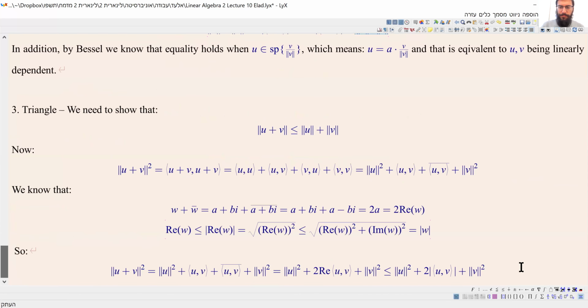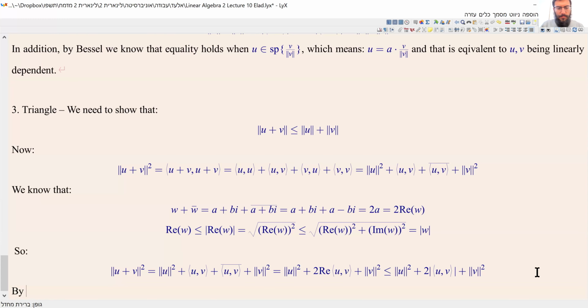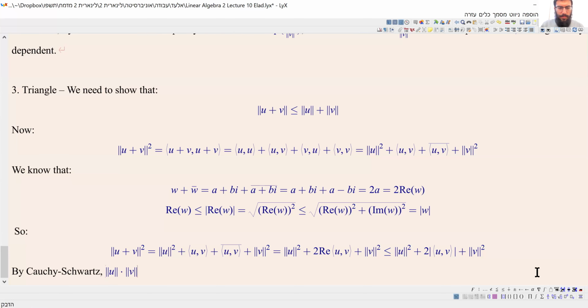So now I don't need this little red arrow here. By Cauchy-Schwarz, this one here is greater than this one here.